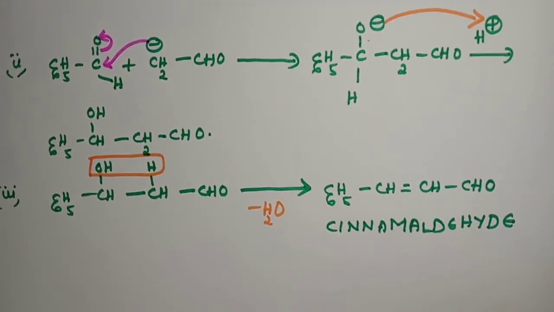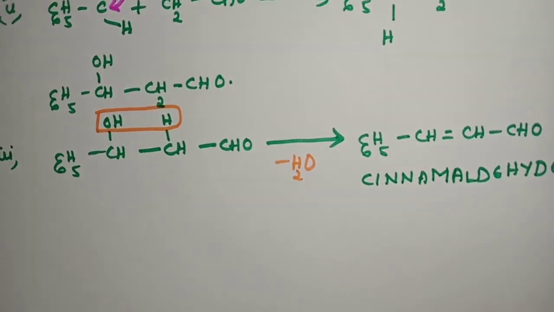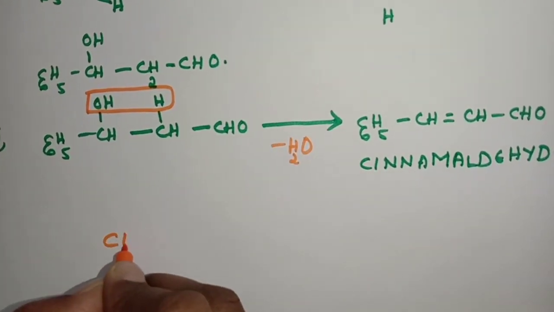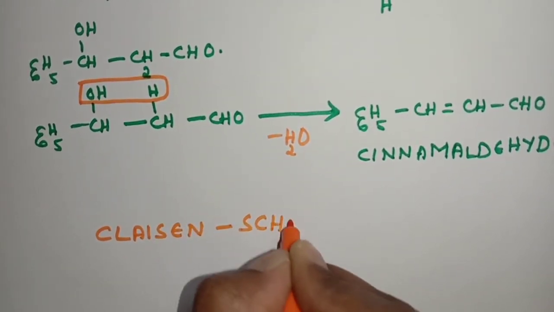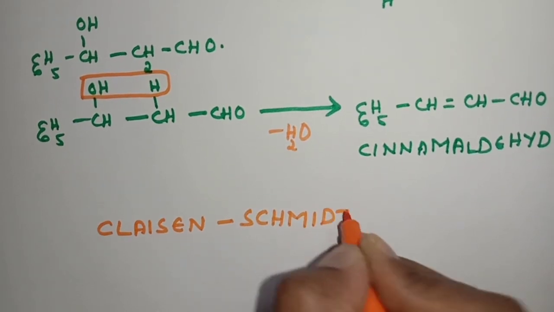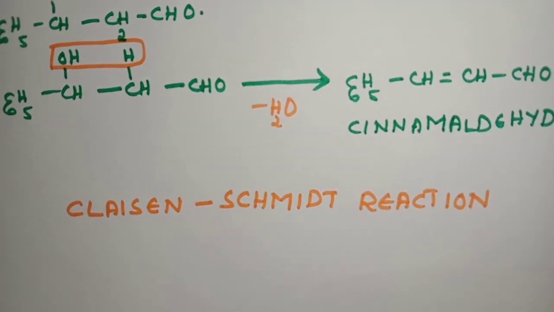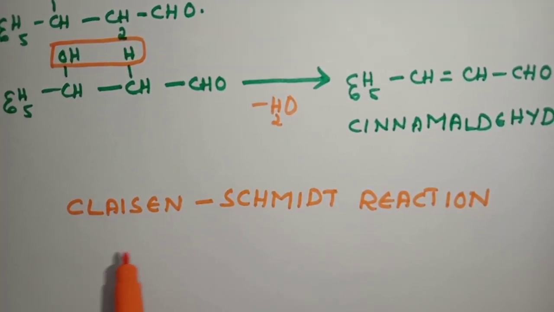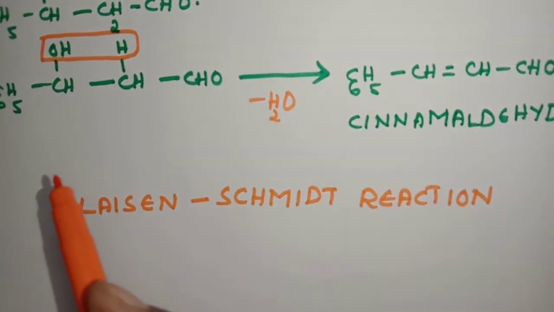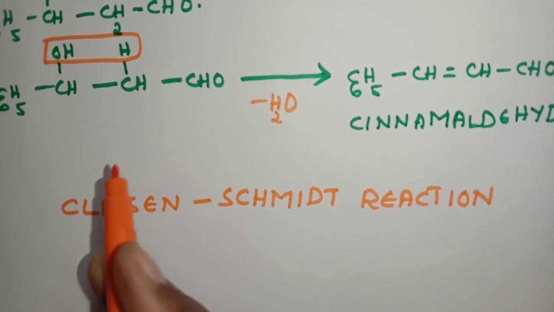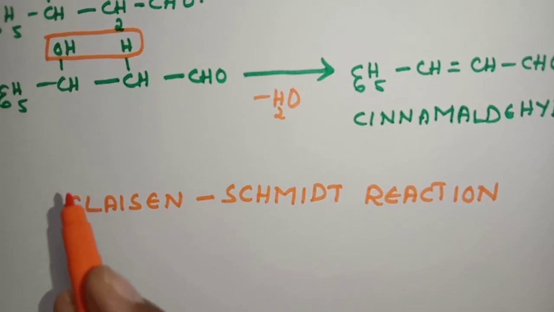Okay, and also such crossed aldol condensation is also named, write down this sentence students, the Claisen-Schmidt reaction. Okay, so in order to confuse you, in the question papers they might ask you to write the mechanism of the Claisen-Schmidt reaction. So you should write the same crossed aldol condensation. Okay, so mark my words students, this is a very important named reaction.